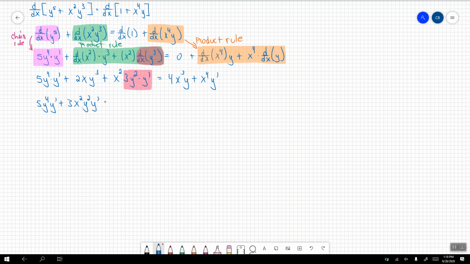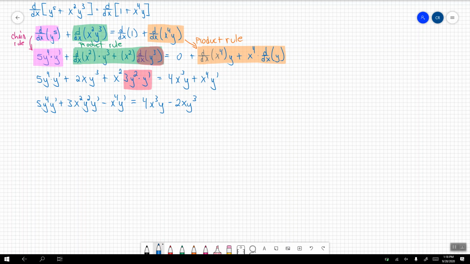Move this over to the left side, minus x to the fourth y prime, is equal to the right-hand side, which will now be 4x cubed y, and then I am going to subtract this term that I haven't really touched on the left-hand side, subtract it over to the other side, which will be 2x y cubed.